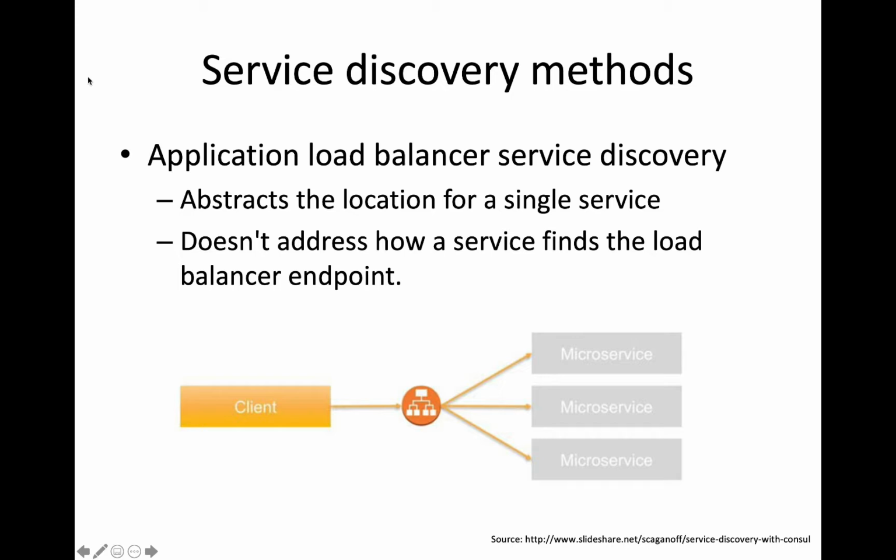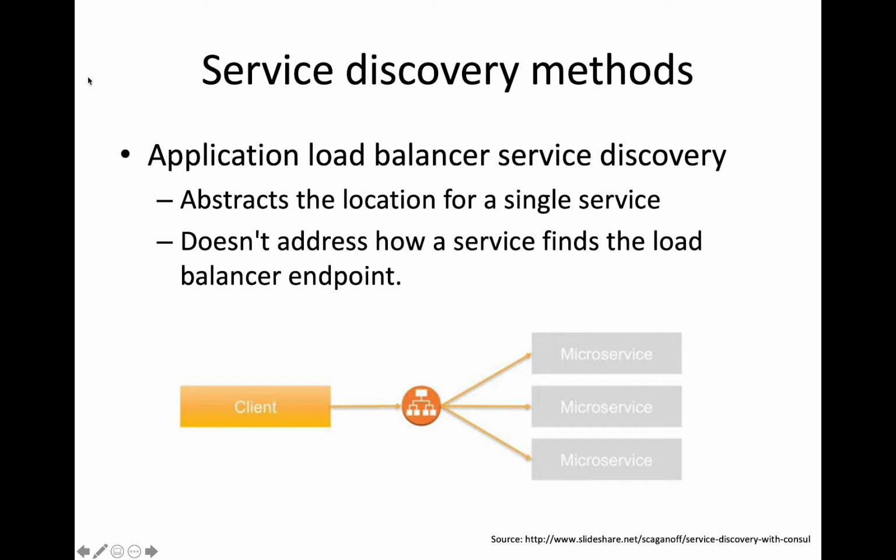Well, what's the problem with this service discovery method? Well, the problem is that we still have essentially a service discovery problem. Imagine you launch your service and it needs to communicate with a set of microservices, and it's going to do so through an application load balancer. Your client service needs to find out what the endpoint address is for the application load balancer.